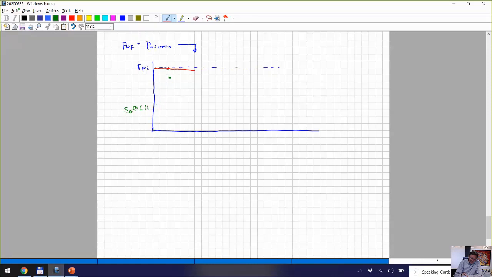As soon as you go below the dew point, it's going to be 0. It goes below the dew point, this is going to shoot up like that, and then it's going to go like that. Something like that. Maybe it curves up a little bit because the flowing bottom hole pressure is building up like that.